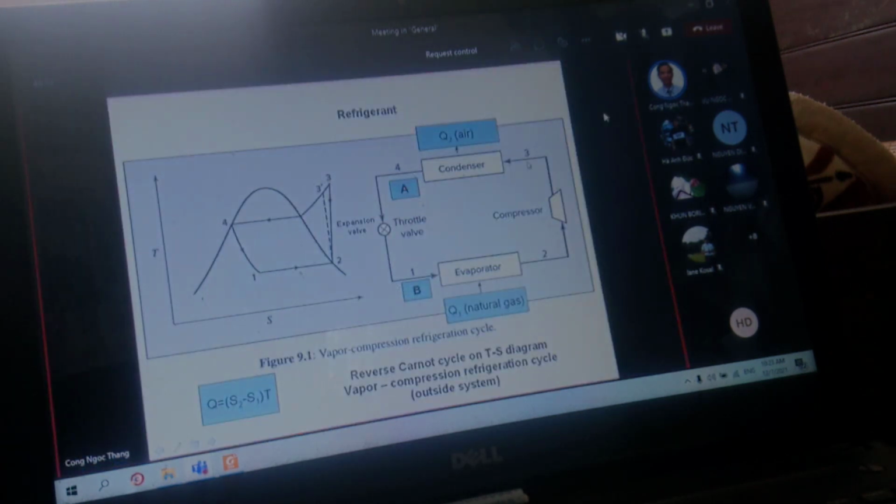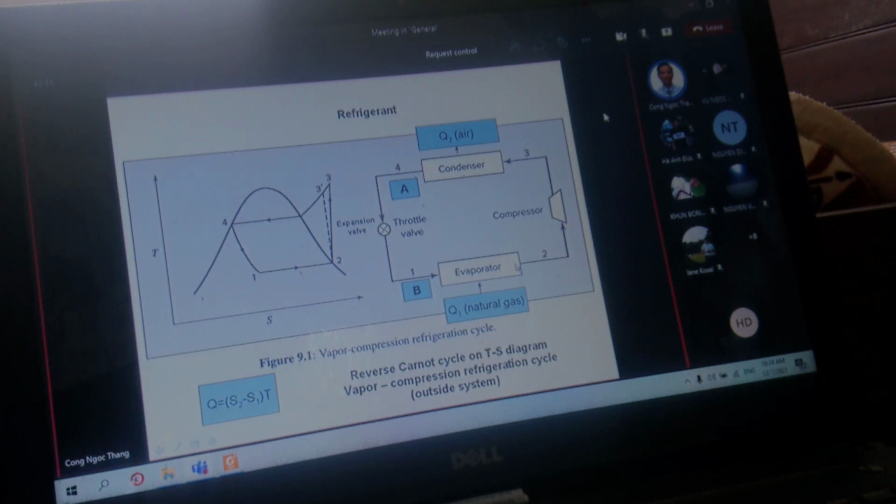So in this cycle, refrigerant runs inside this cycle. It takes the heat, for example Q1, from the natural gas or processed gas and becomes vapor.